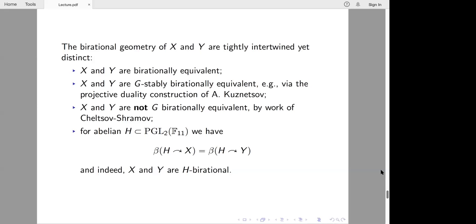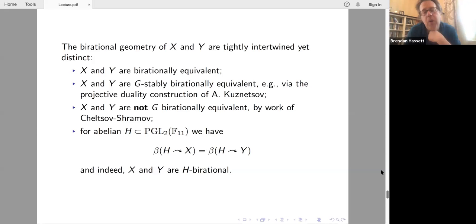So your previous approach was to look at the whole group, but blow up sufficiently many times so that the stabilizers are abelian, right? Yeah, and that may in fact work. I don't know yet; we are still computing whether the Kresch-Tschinkel formalism will allow you to distinguish these. If it were to work, it could work for groups other than the full group PGL2(F11).